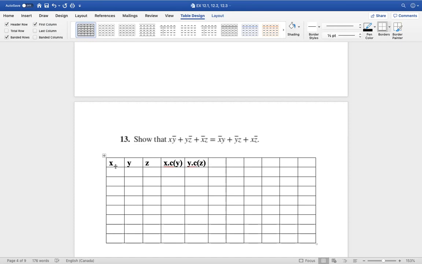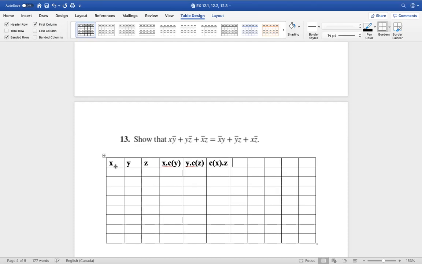Here we have x complement dot z. Okay, and then we have x, this thing here, xy complement plus yz complement plus x complement z.